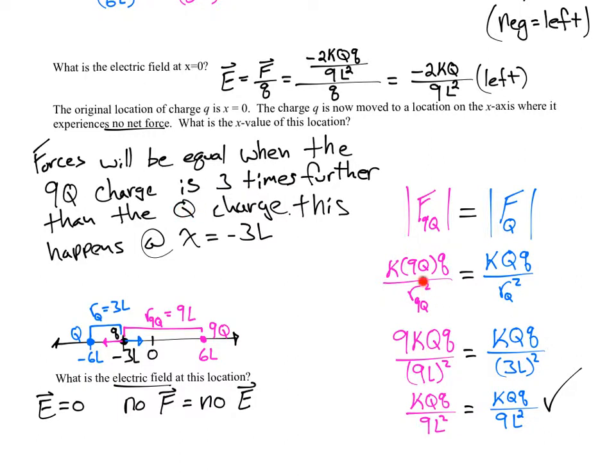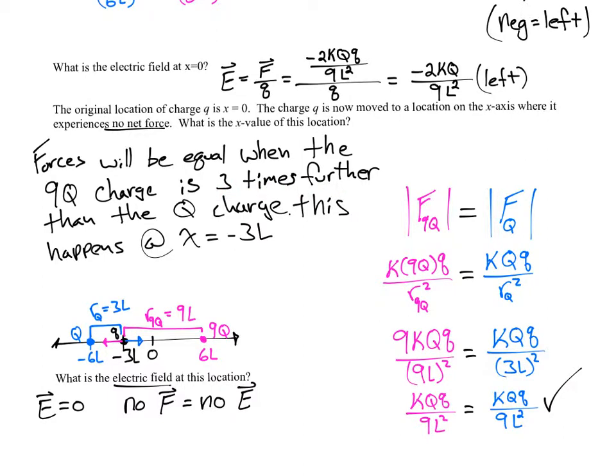This is because of this r squared that's on the bottom of the Coulomb's law equation. So when you square something that's 3 times farther, you get 1/9 the amount of force. And because this charge was 9 times larger, it's going to have 9 times the amount of force. So if we want to reduce the force by 1/9, we have to move it 3 times further away.